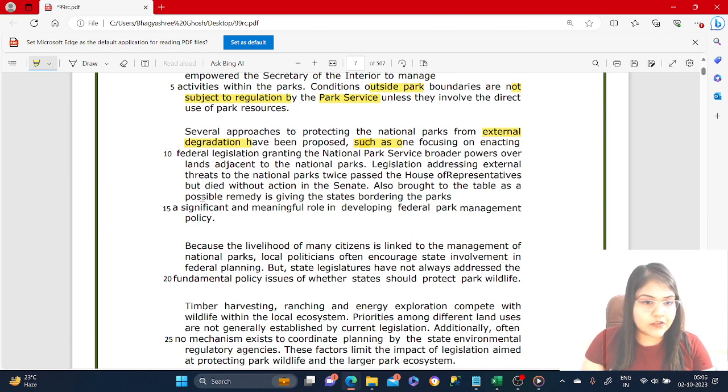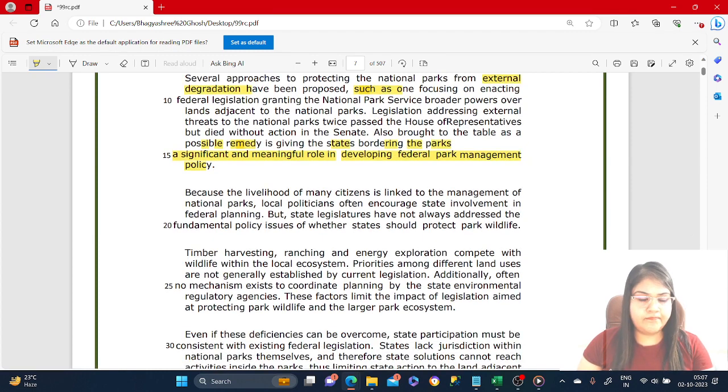A possible remedy is also suggested, that is giving the state bordering the park a significant and meaningful role in developing the federal park management policy. Well, so these are all proposed, that the states whose boundary is attached to that park might get some more power so that they can make some law regarding it.